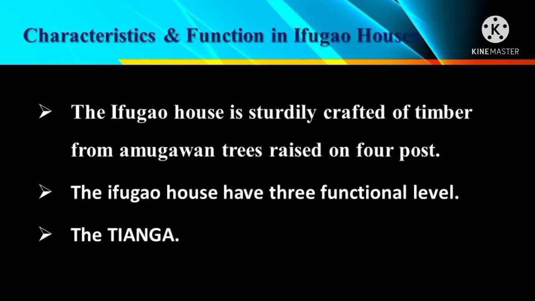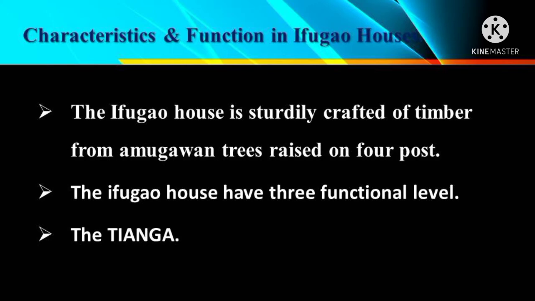Next, the characteristics and function of the Ifugao house. The Ifugao house is sturdily crafted of timber from amugawan trees, raised on four posts which were buried 50 centimeters below the ground and locked in with stones. The Ifugao house has three functional levels.